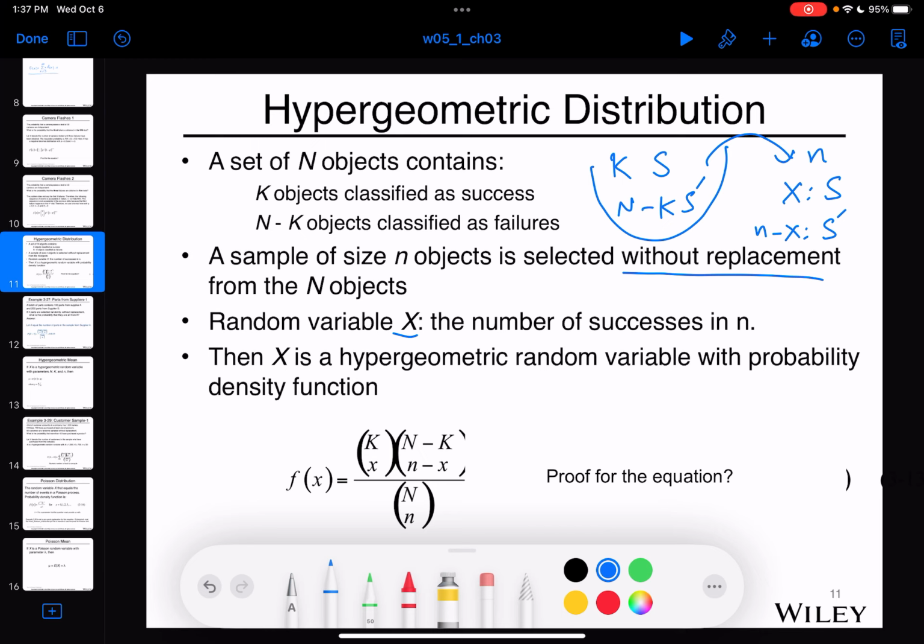Now, does anybody know what is the proof for this equation? It's not difficult, the proof. So I help you a little bit for the proof.